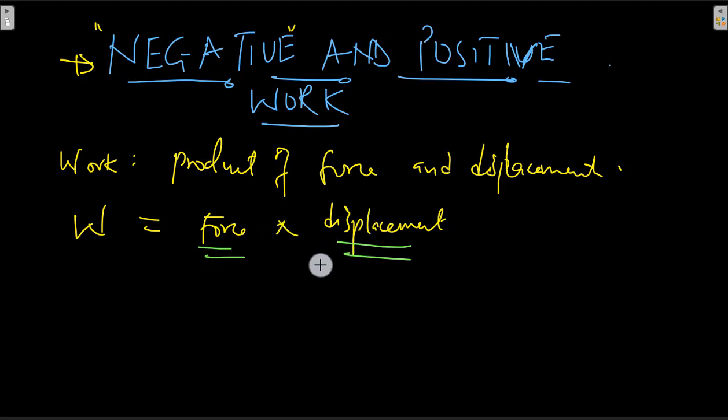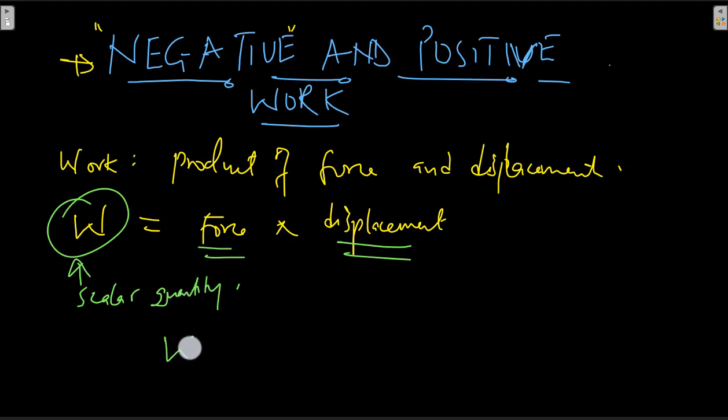And this is going to be scalar multiplication because work is a scalar quantity. So in that case, the work done is going to be the product of force as a vector times displacement as a vector. In that case we have the scalar product.